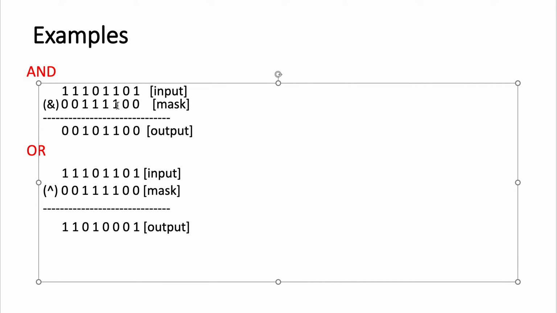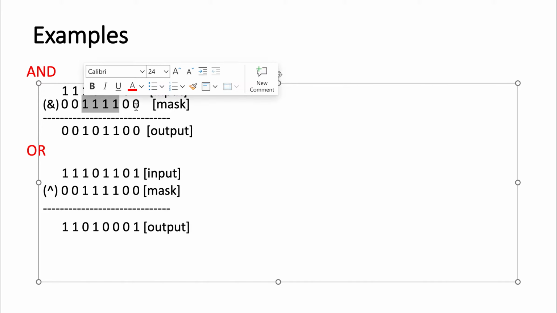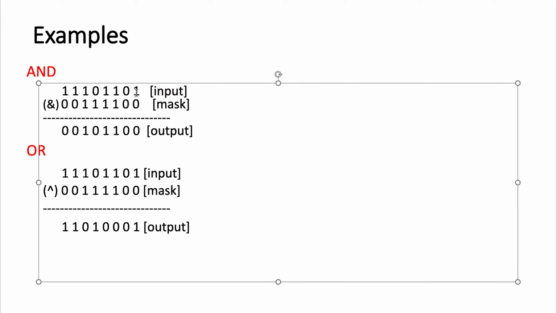This is saying that we are taking these 4 bits completely in, and we will be removing the other portion. So the output will be something like this. We only took those 4 bits here, and the others we completely rejected. That means the others are 0, right? So this is the AND.